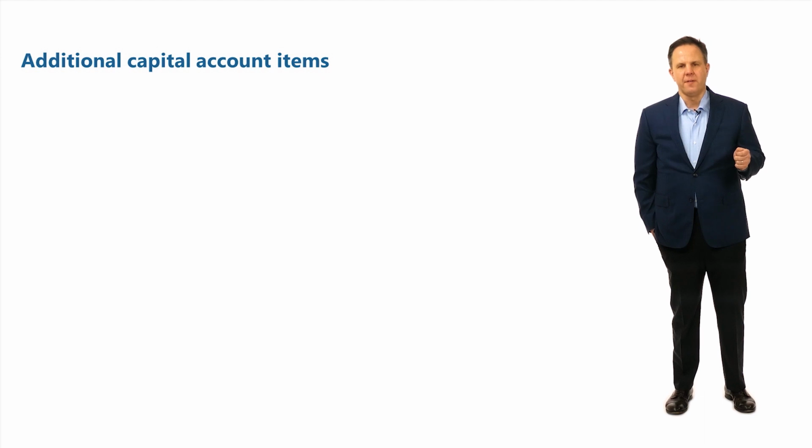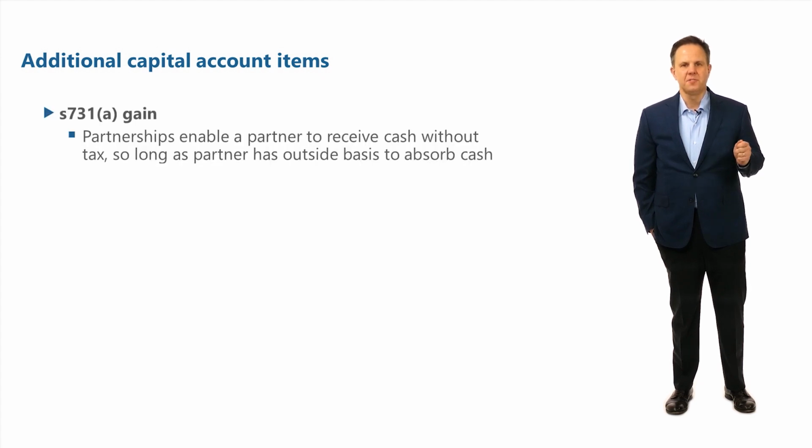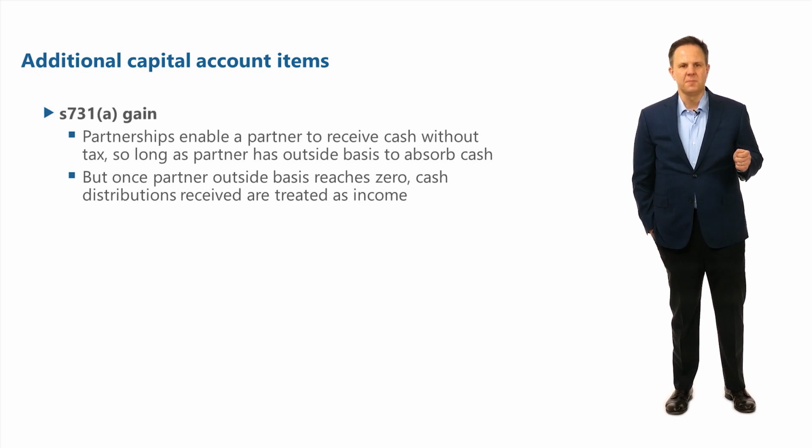An advantage of a partnership is that a partner can receive cash without tax, so long as the partner has outside basis to absorb the cash. However, once the partner's outside basis reaches 0, then the cash distribution it receives are taxed as taxable income. Or in other words, from a tax perspective, there is a check to ensure that a partner pays tax if it is distributed cumulative cash in excess of its capital account, plus the net losses and taxable income it has been allocated.